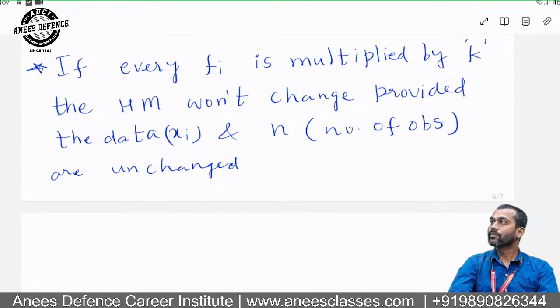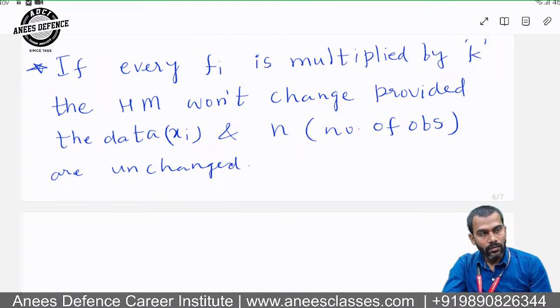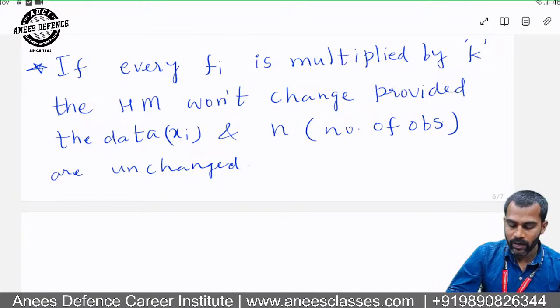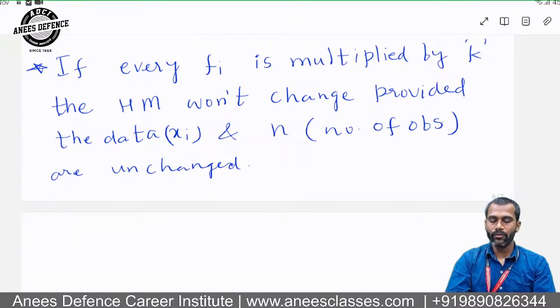Yes or no? So this is not a change of scale if you multiply each and every frequency by k. If data are getting multiplied by some k, that is known as change of scale. We'll cover it later, but for now you just have to remember.